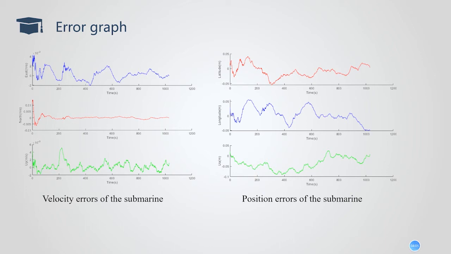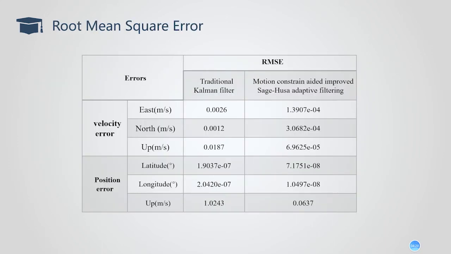Combining the above parameters, using the motion constraint-aided underwater integrated navigation method based on improved adaptive filtering proposed in this paper, the velocity error and position error of the carrier are shown in this page of PPT. Calculate the root mean square error of the submarine velocity and position based on the algorithm proposed and the standard Kalman filter method.